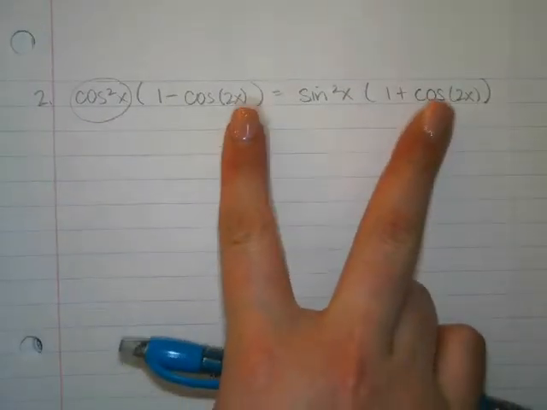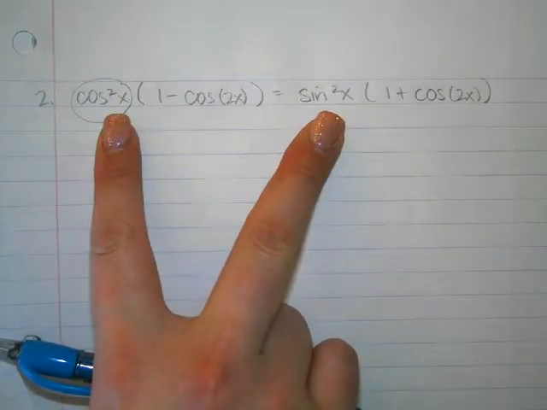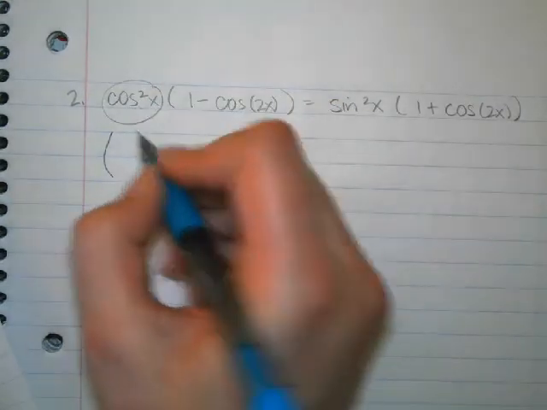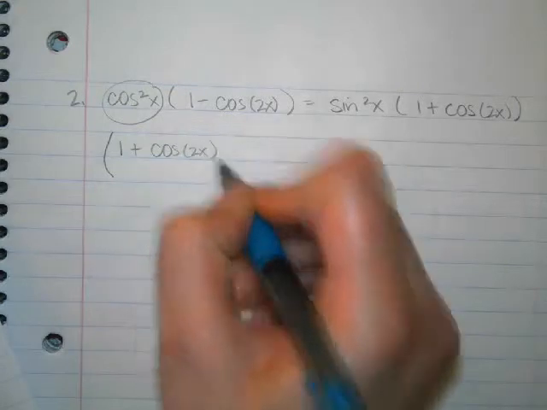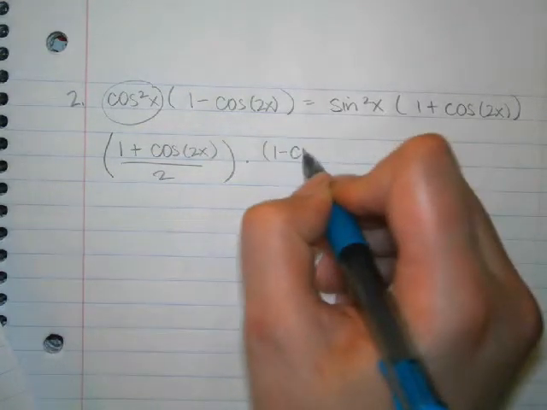The reason I was thinking that is because I noticed that those are very similar and that the problem itself had a cos squared and a sine squared, okay? So I took the cos squared and I'm going to write 1 plus cos 2x over 2 multiplied by the 1 minus cos 2x.